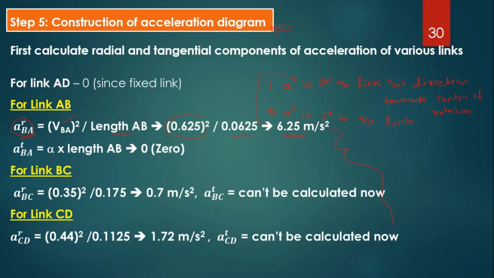Then acceleration of tangential component of BA. We have to calculate two things for each link. This is the input link, and the input link has two components, one is radial, another one is tangential. Already radial is calculated, 6.25 meter per second squared, whereas for tangential, alpha is not given in the problem.